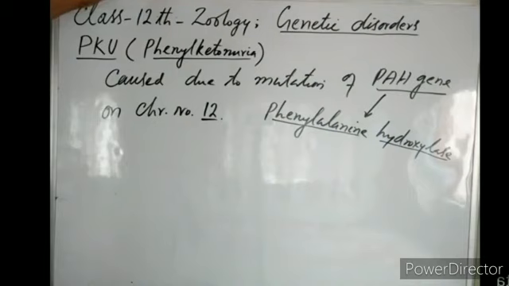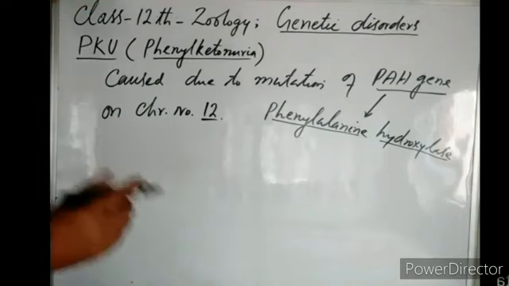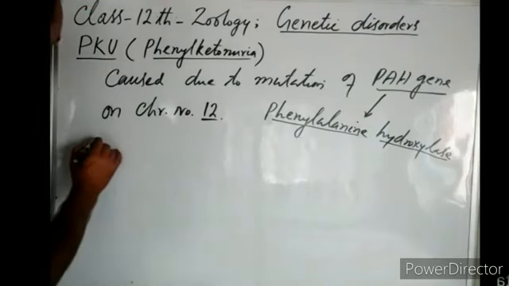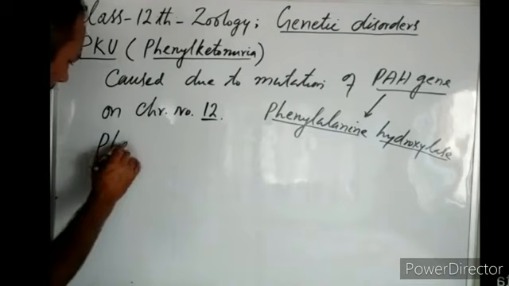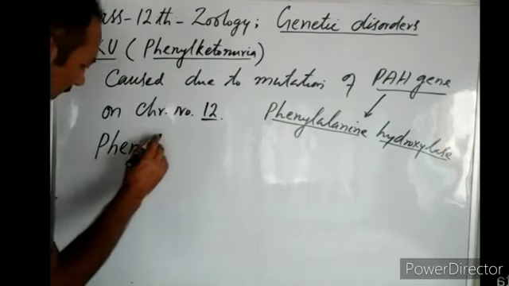If this gene gets mutated, then this enzyme is either not formed or it is not working properly, right? This enzyme is required for metabolism of an amino acid, phenylalanine.